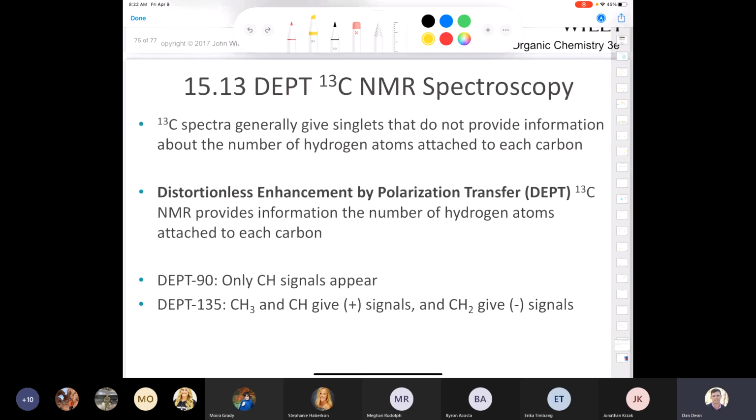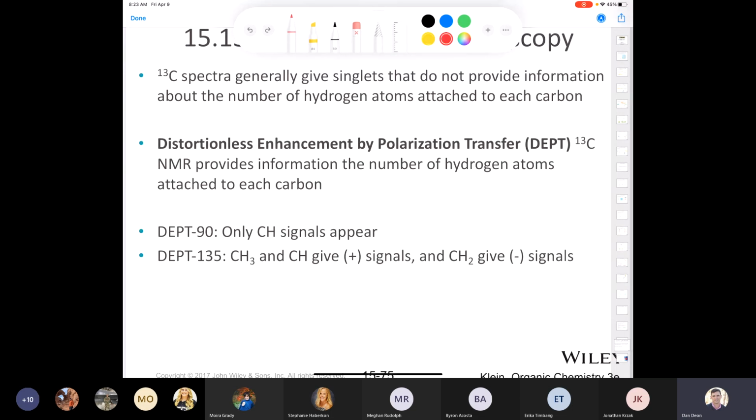And the last section deals with DEPT carbon-13. This is a very short section, but if you look at a carbon-13 spectrum, which just has singlets in it, there are ways to distinguish between the types of carbon. Because there are 4 types of carbons that we can have in a molecule.